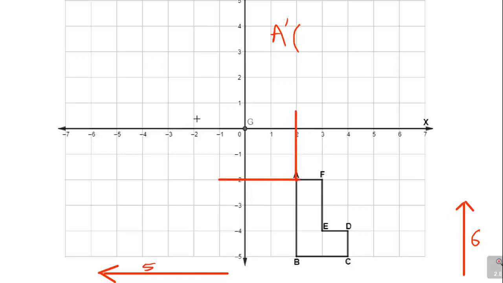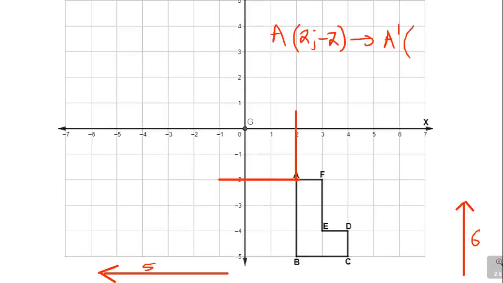So that's what I mean when I say read. You have got 2 and -2. This is the original A, but after transformation, that's where I write A with the prime.